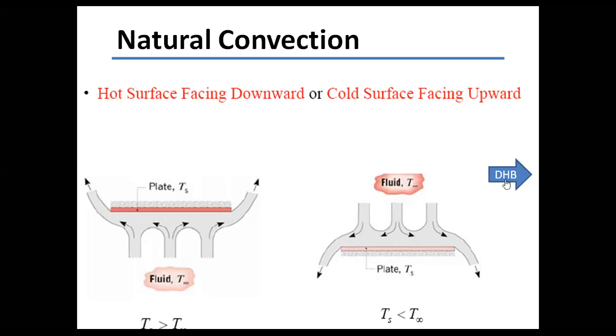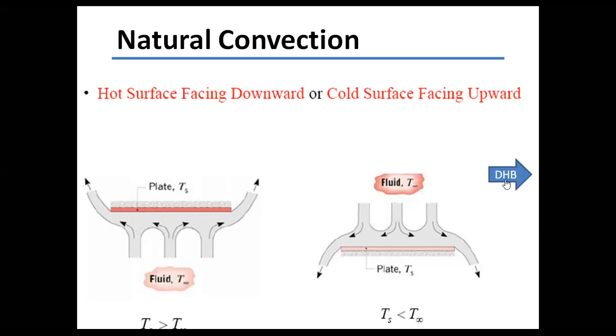First find the Nusselt number at the full length L. Then for the average Nusselt number, use the equation: 4 by 3 into Nusselt number at L. That gives you the average Nusselt number.